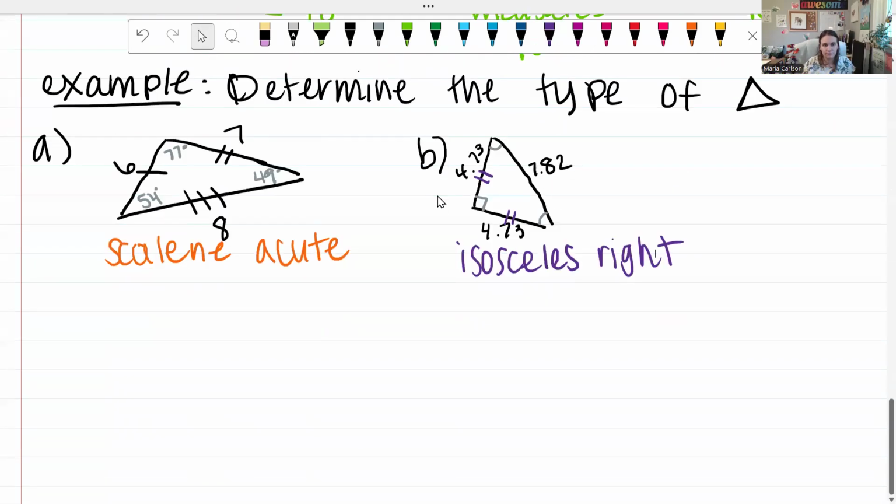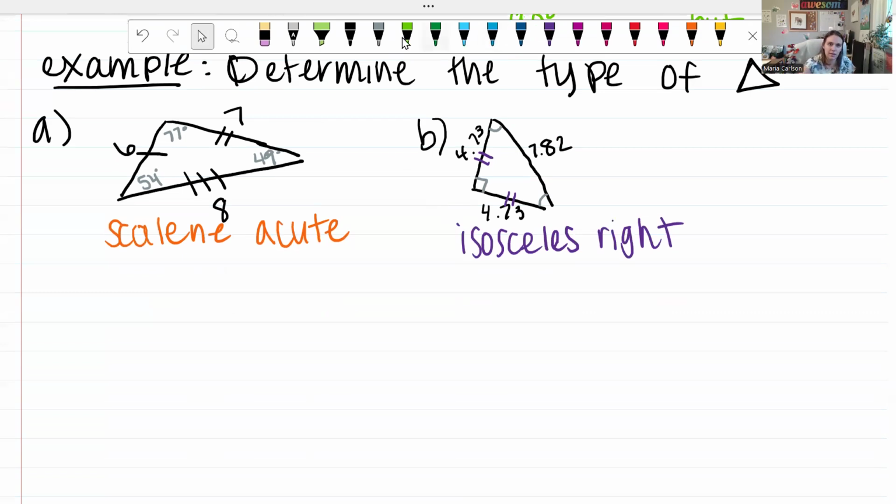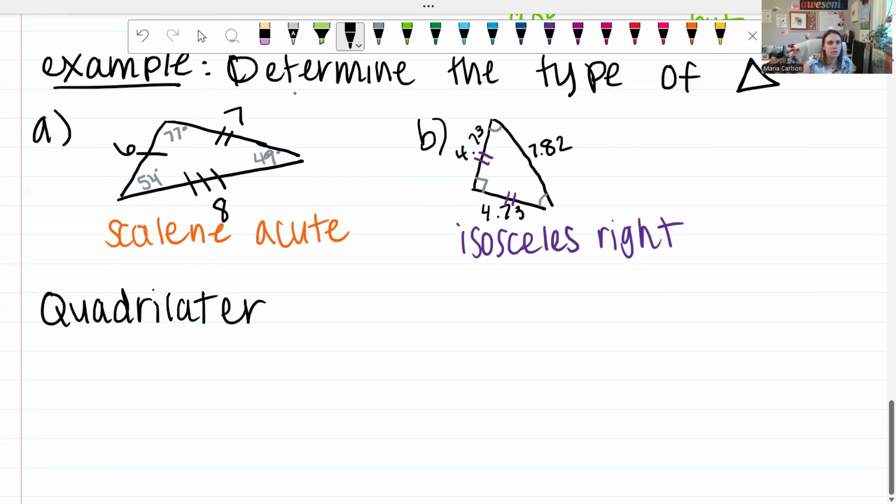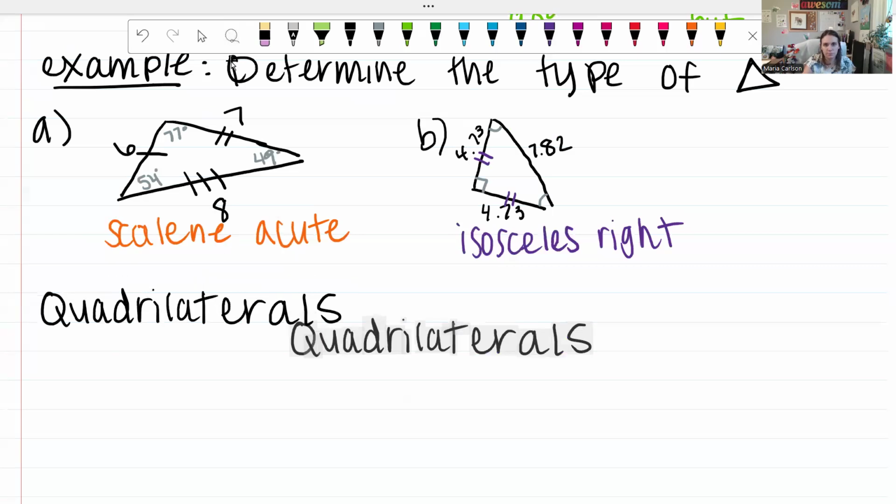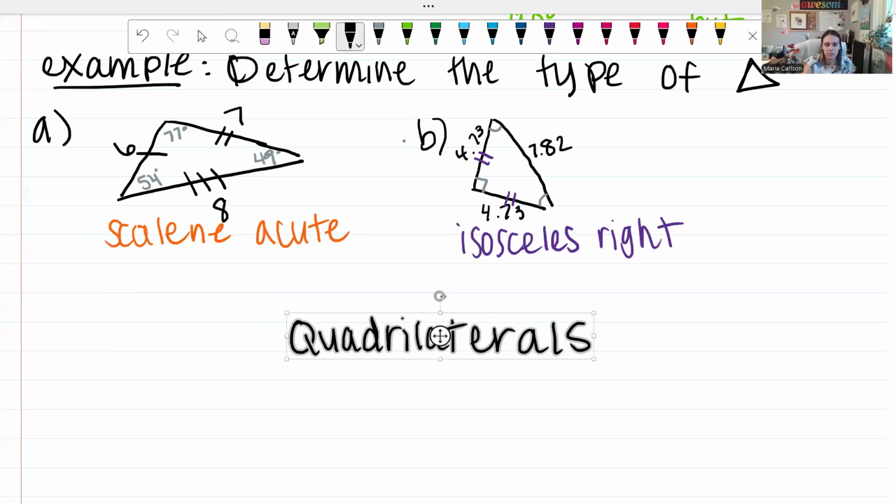All right. The last thing I want to talk about is quadrilaterals. We have kind of a hierarchy of quadrilaterals. Okay, first things first, a quadrilateral is any shape that has four sides and four angles.